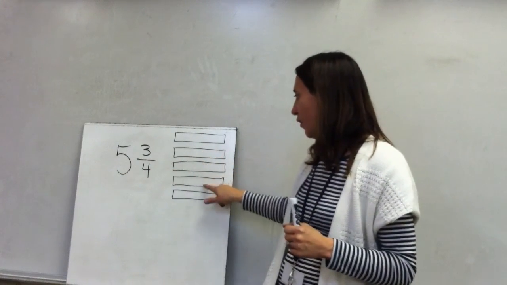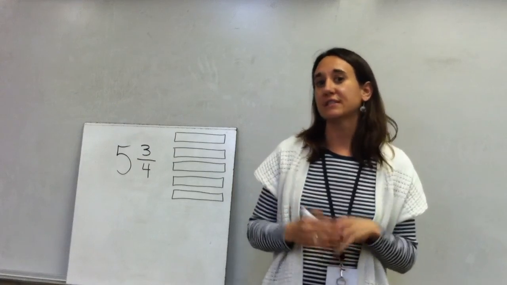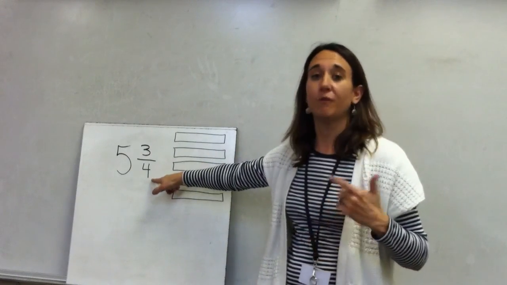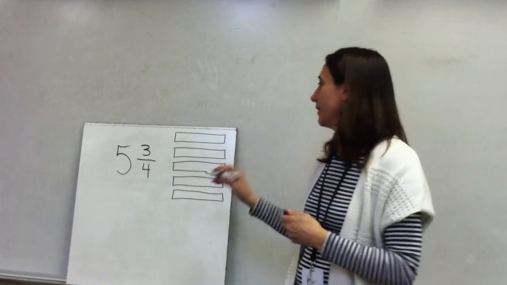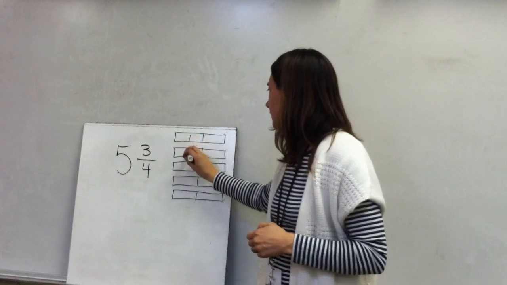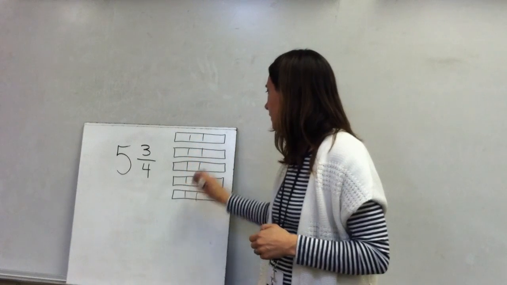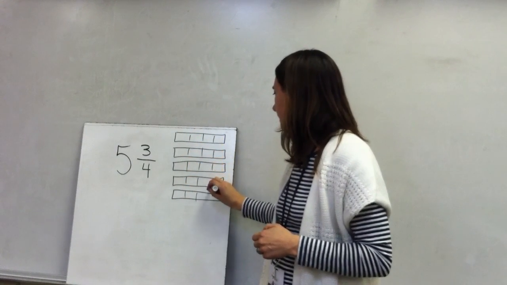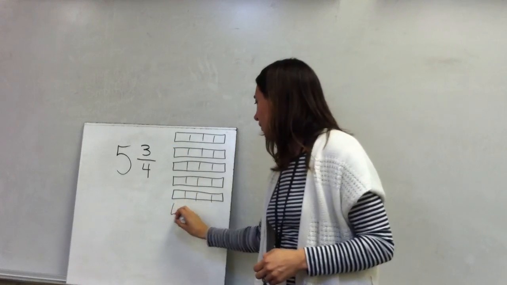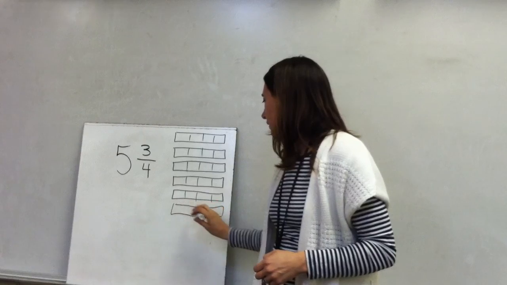Now here's my 5 wholes. Each of these wholes is divided into how many equal pieces? Well, hopefully you said 4 equal pieces because you looked at the denominator. So I'm going to do that real quickly. Okay, and then we have 3 out of 4 that we also have.